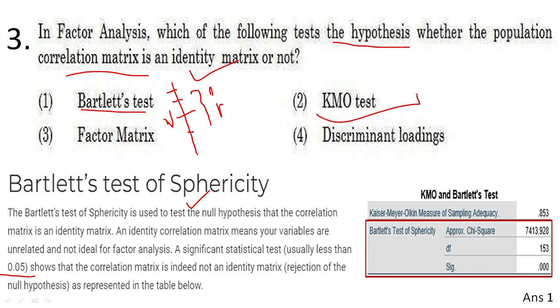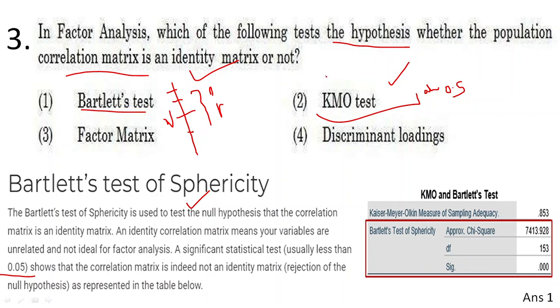It tests for the sample's adequacy, individual variables' adequacy. Its value should be above 0.5. If the value of KMO is above 0.5 and Bartlett's test value is less than 0.05, that means you can go for a factor analysis.